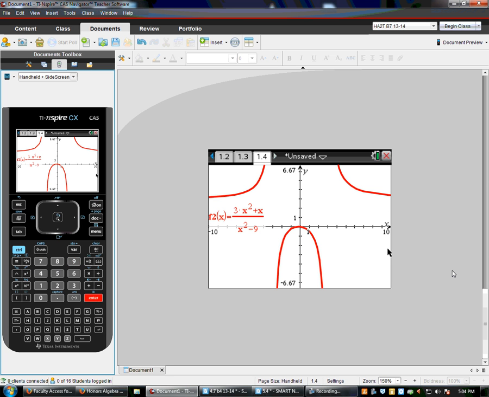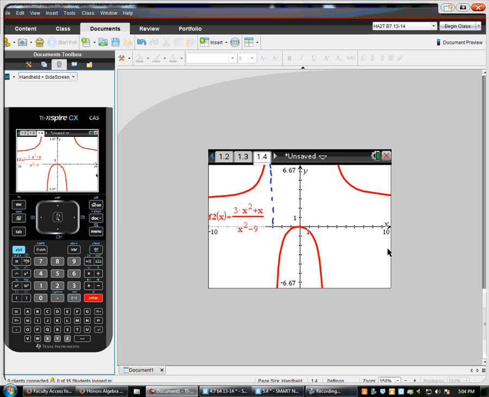All right, very nice looking graph. And if you notice here, if I can draw this in, we would have a vertical asymptote here at x equals -3, and here at x equals +3. We talked about that. And we also have a horizontal asymptote at y equals 3. We talked about why that is.